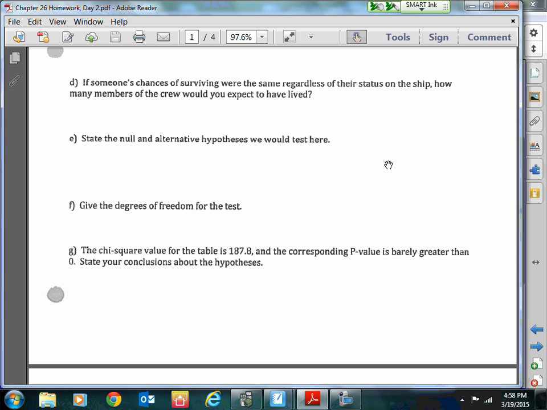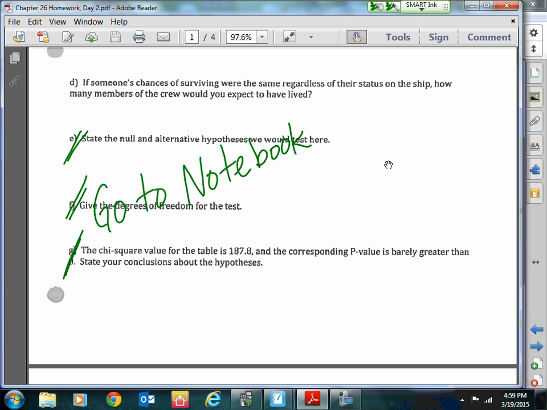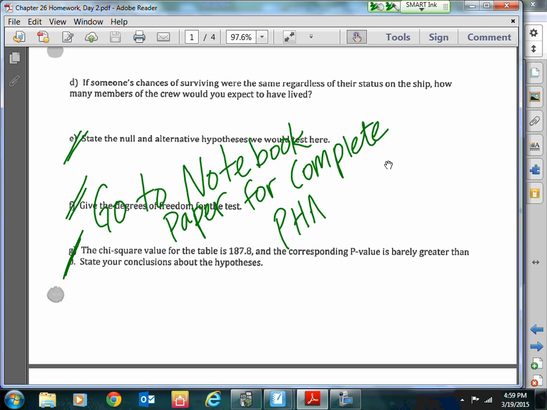At this point right here, I kind of want you to go to notebook paper, which of course I'll check on Monday, for a, guess what, complete phantoms model. Do a complete parameter, hypotheses, and so on.